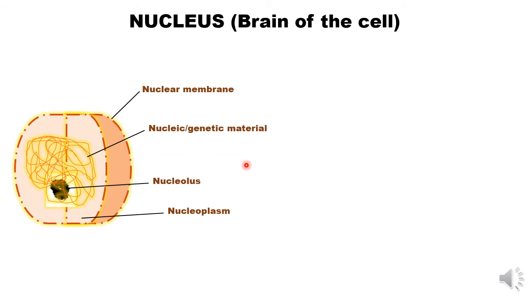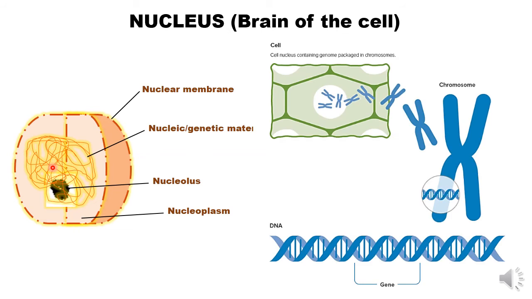Now it is time for us to clear all the doubts about chromatin, DNA, chromosome, gene, etc. So here is one more diagram which will make your doubts clear. Suppose this is any cell and this white portion is representing the nucleus.